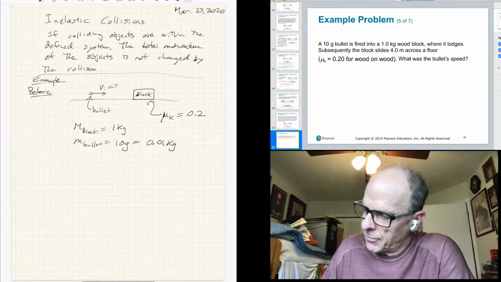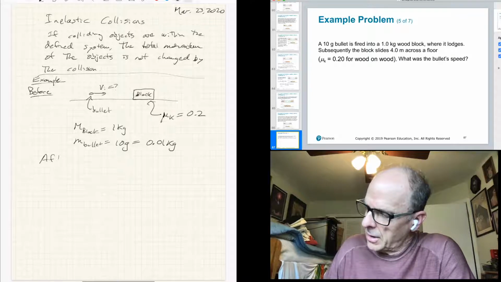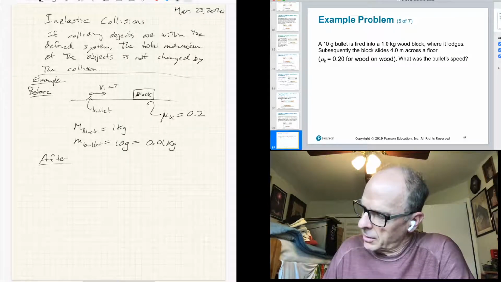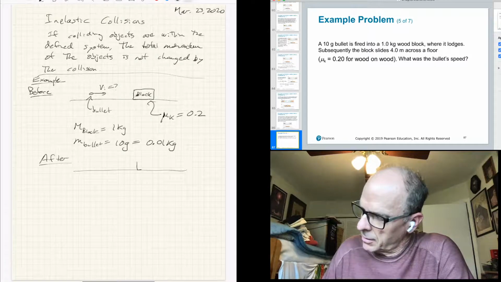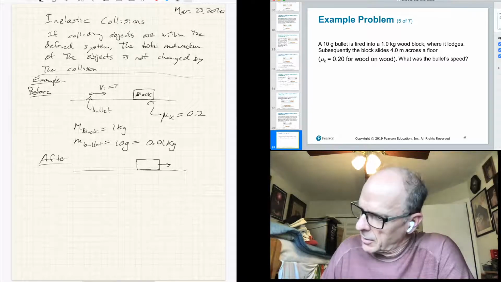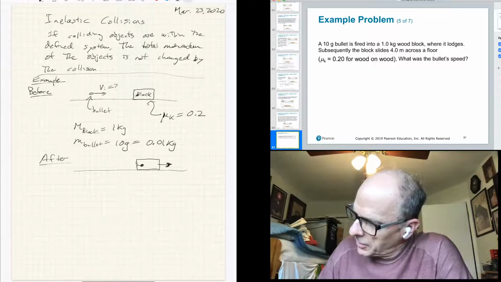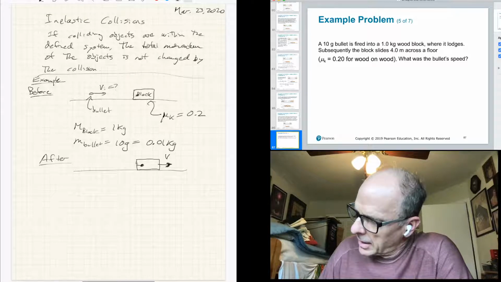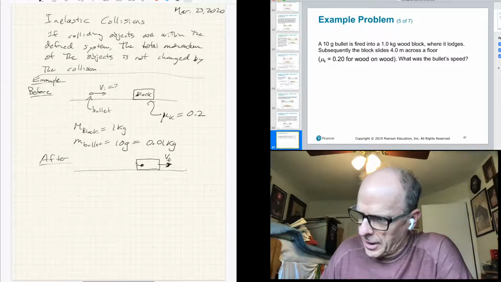Let's go ahead and draw the after picture. Immediately afterwards, the bullet has gone into the block, and I'm going to call this V, I'll call it VF for now.